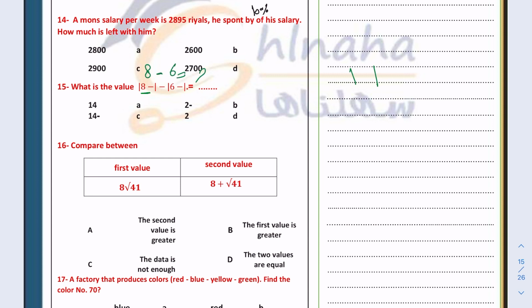So 8 minus 6 will be 2. I will choose positive 2. But if I have the order here in a different order, absolute negative 6 minus absolute negative 8, it will be negative 2. So I will choose B. We have both of them in the two orders in the exams.